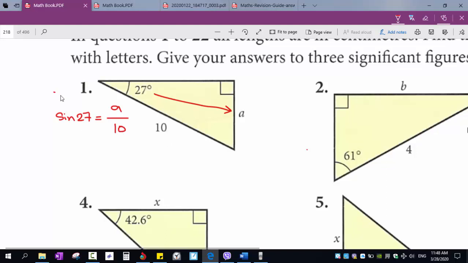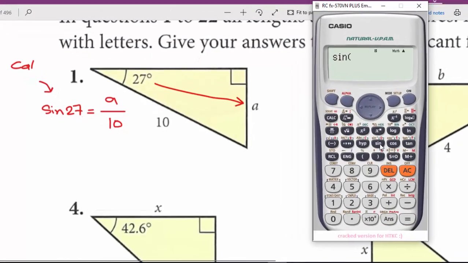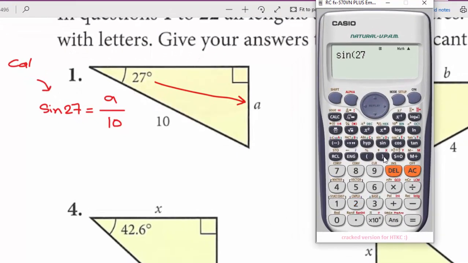Then we are using a calculator to work out the side. With the calculator, we find sine of 27. That will help us to find the missing side, which is A. In your calculator, write sine of 27.